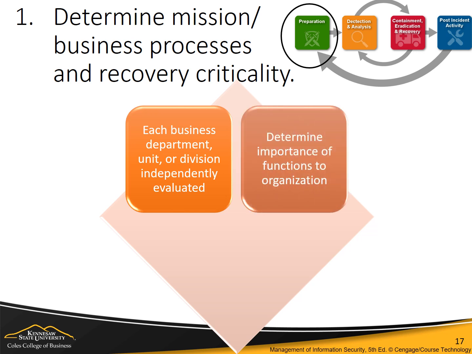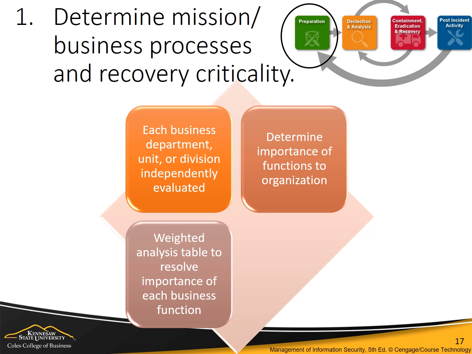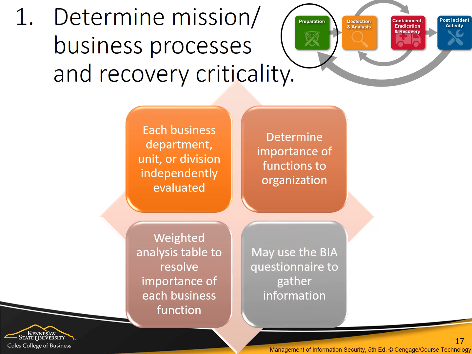A weighted analysis table may be useful in resolving the issue of what business function is the most critical. One useful tool in identifying and collecting information about business functions for the analysis is the BIA questionnaire.